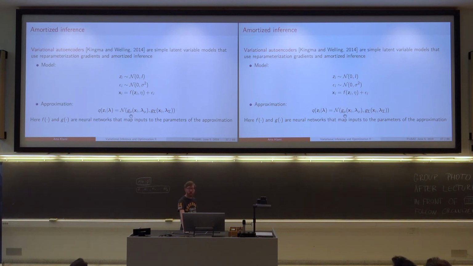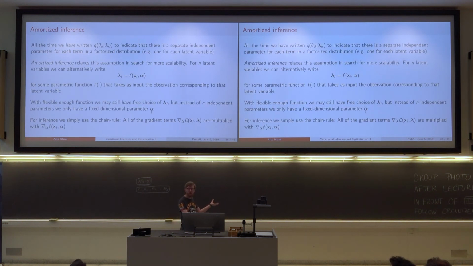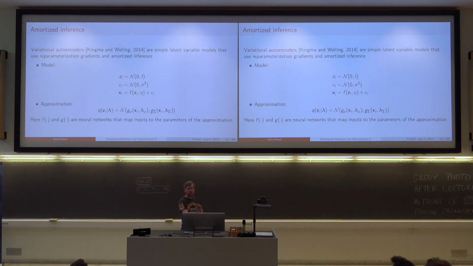You have a function that maps your inputs to the means of your approximations, and another function that maps the inputs to the covariances of these approximations. This is simply plugging in this amortized inference idea for this very simplified probabilistic model. Here, if F, G mu and G sigma are all neural networks, then you have what the variational autoencoder is doing.